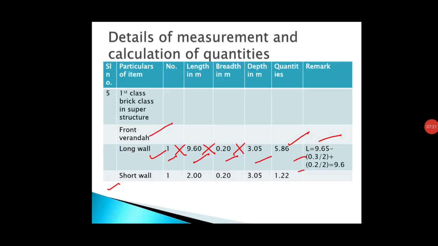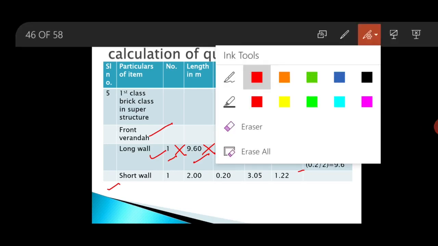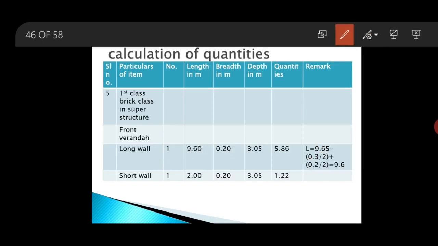Okay. So for this front veranda, you can see this is the front veranda, long wall 1. From the center to center length of 9.65, we will subtract 0.3 by 2 and add 0.2 by 2. So the net length will become 9.6.